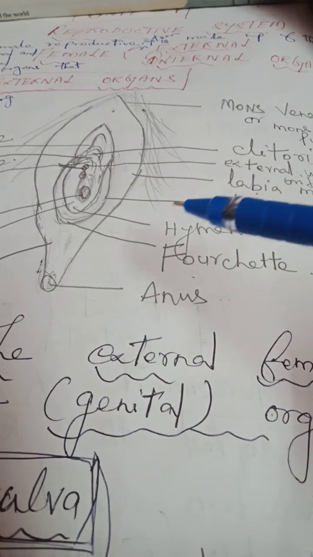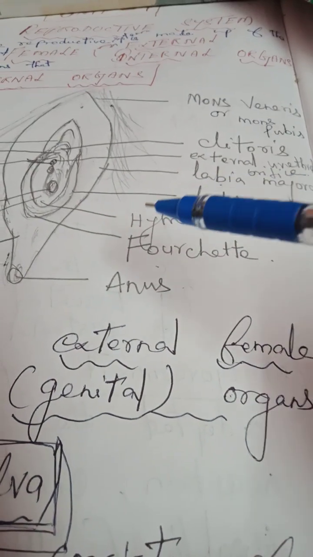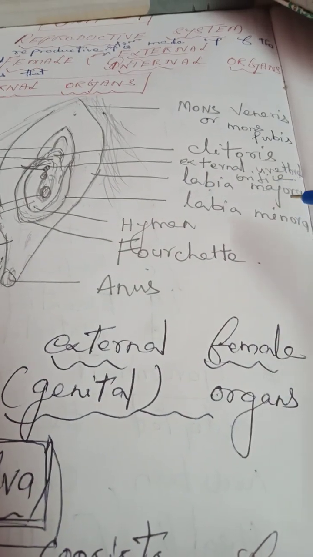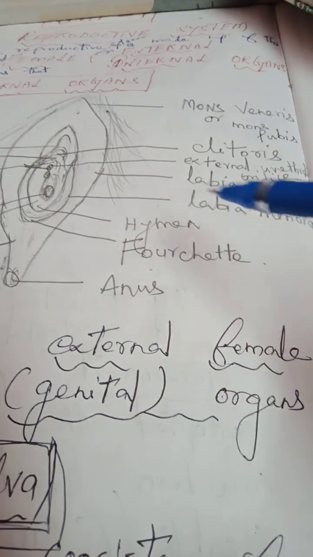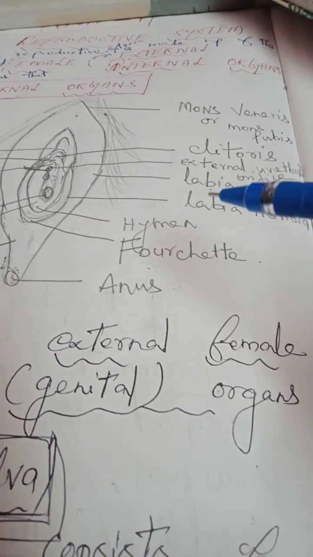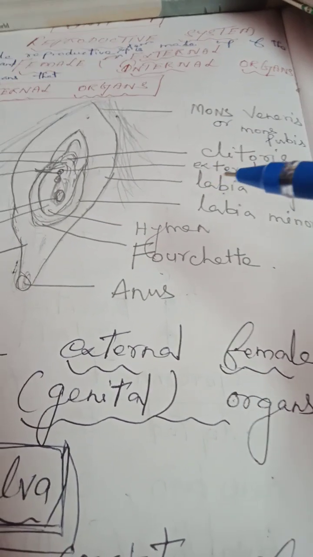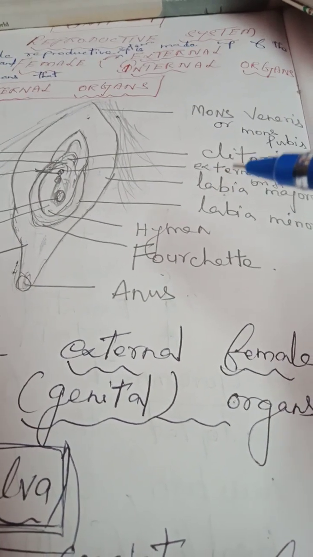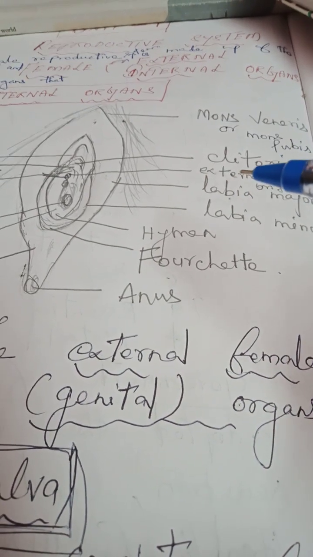Next part is labia majora. These are the two labia majora. These are two folds of fat and areolar tissue covered with skin and pubic hair on the outer surface.